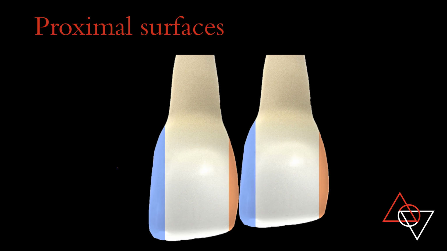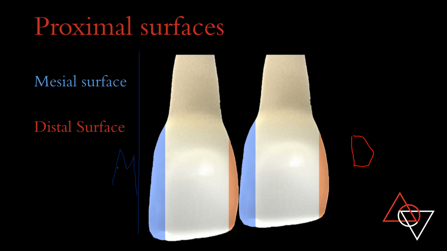One more thing that I wanted to show you with an example for the proximal surfaces. Let's say here on the left, this is the mesial side. So this is the midline, and here it's the distal. Now you can see there are only two things that are marked here: the mesial surface and the distal surface. Everything on a tooth which is closer to the midline, the line that we talked about before, is a mesial side.